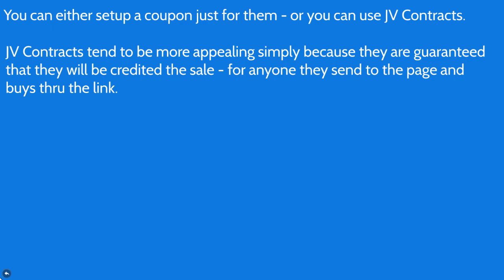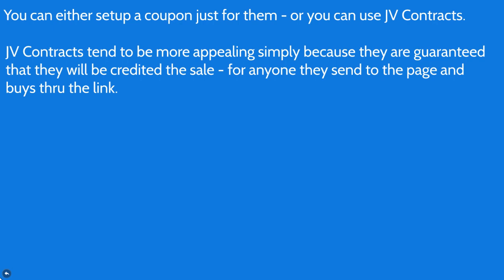So basically what that means is that typically as an affiliate, somebody could send their list to your front page. Now, they are really hoping that somebody doesn't delete their cookies. So if somebody deletes their cookies, they are not going to get the sale.